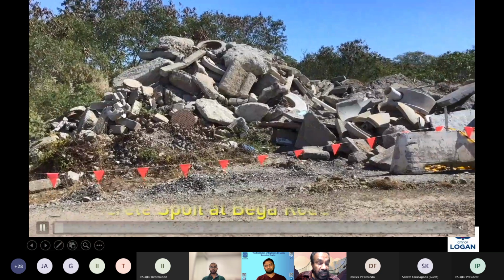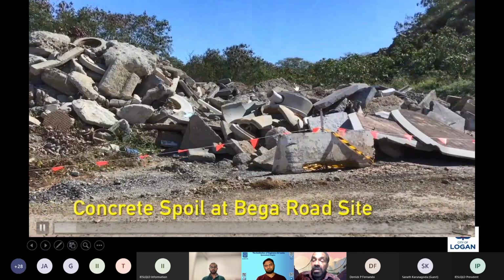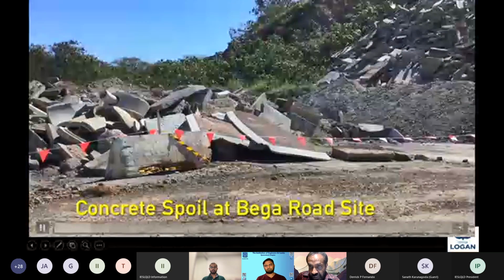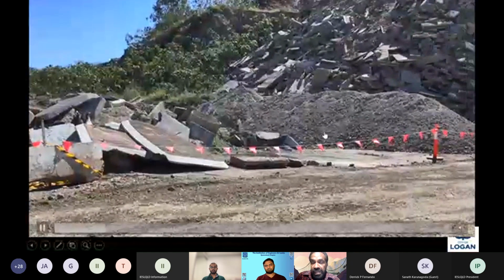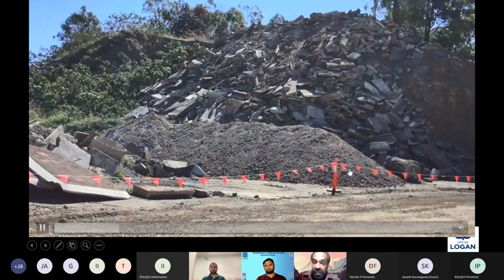Now, this is the area where we are crushing material. We bring concrete spoil from the council, and it is dumped from this clip here. Initially, we collect this material here and deploy a mobile crushing plant.